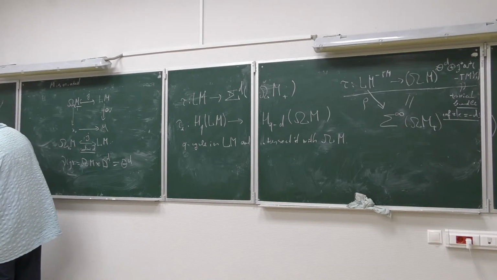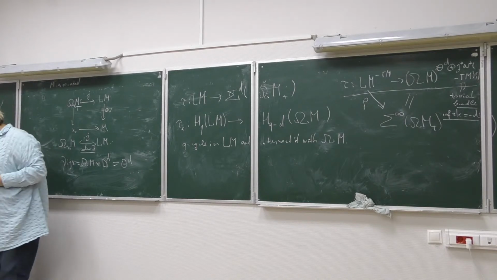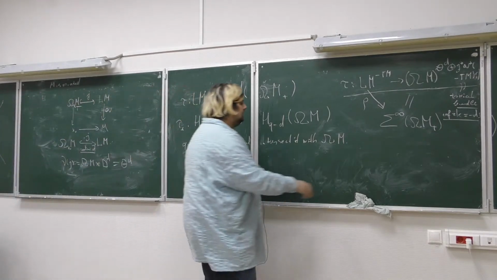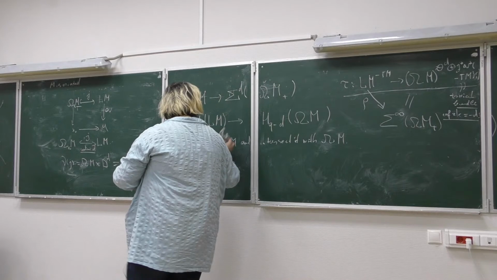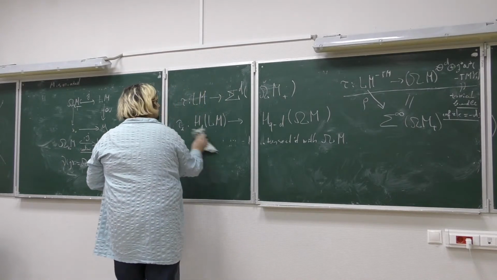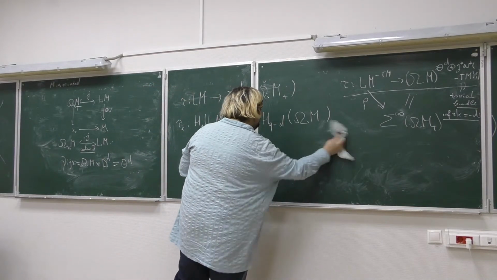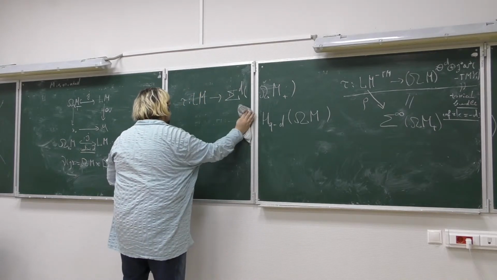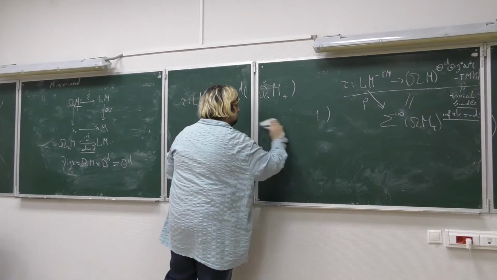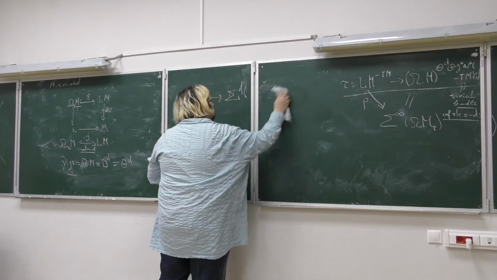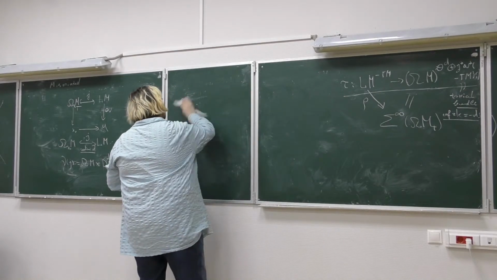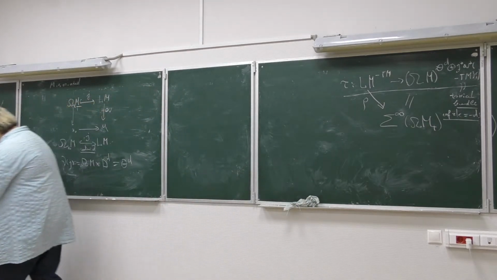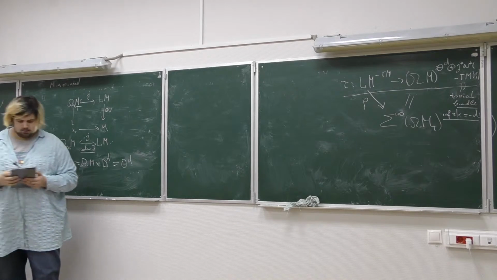So we consider the following diagram of ring spectra. The diagram of ring spectra looks like this.